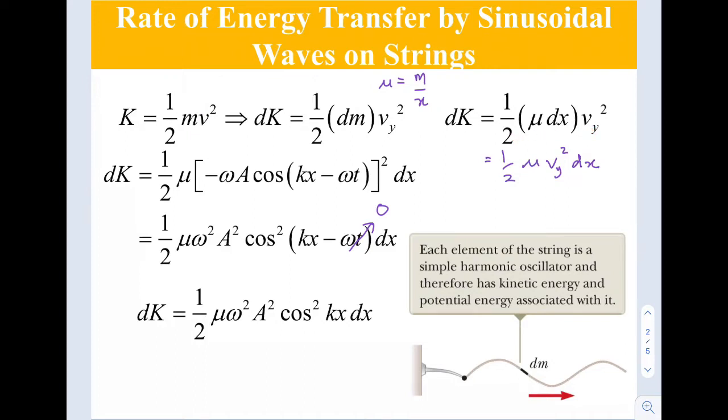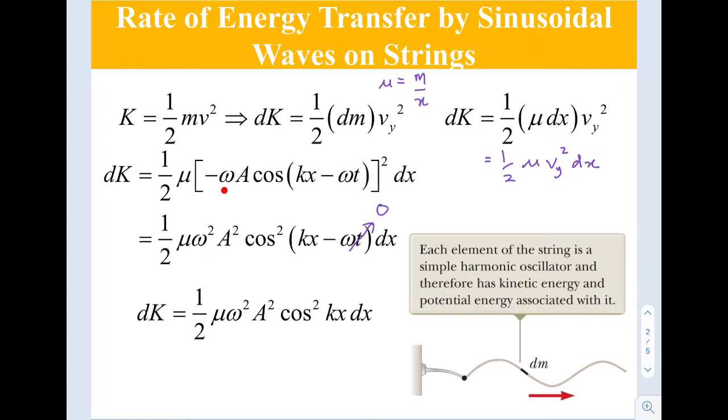The ones that are constant are mu and vy squared. dx is supposed to be the one that changes, so we put it at the back. Now we are going to substitute vy with the velocity from the wave equation. This is your vy here, then you square it, times dx.